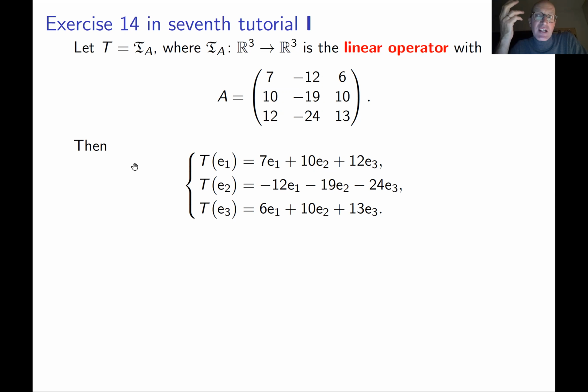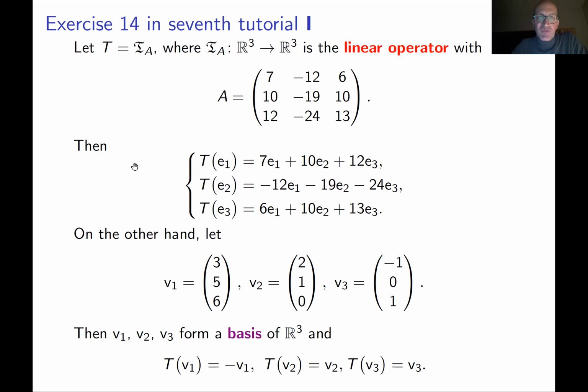Let me grab three slightly complicated looking vectors, like this. V1, V2, and V3 are these vectors. They are not much better than E1, E2, and E3, but when I apply my linear operator T to them, you can see it actually looks a bit simpler.